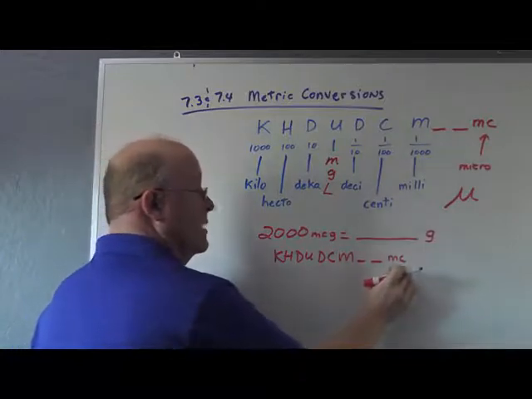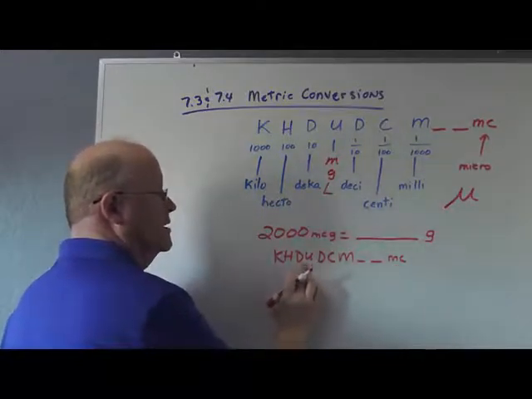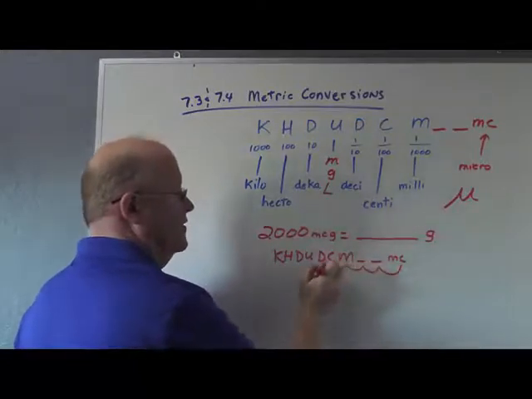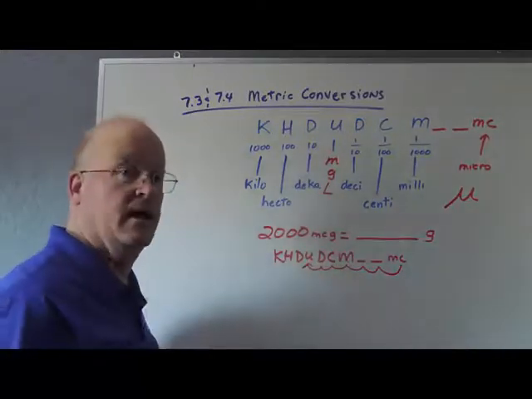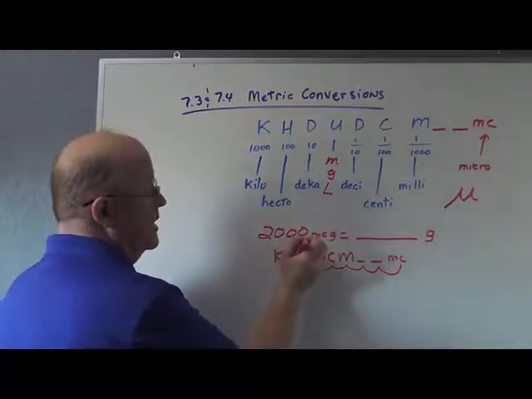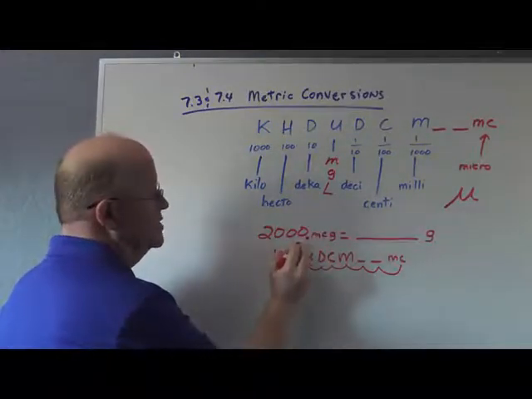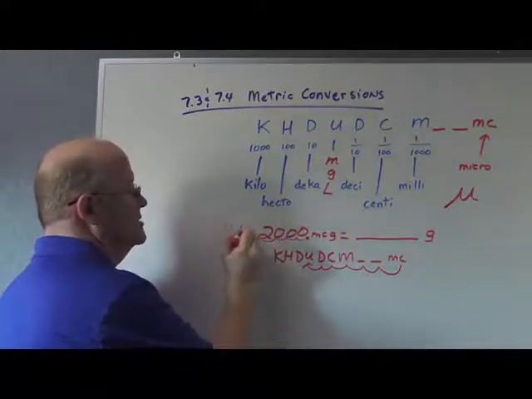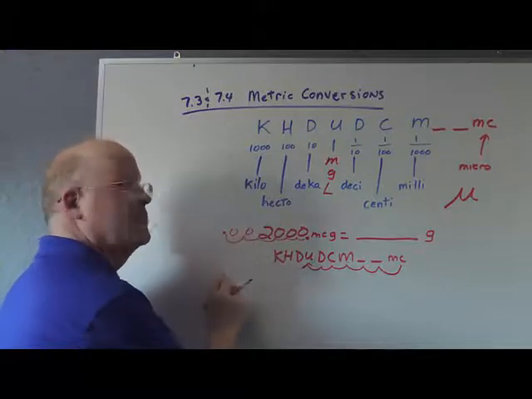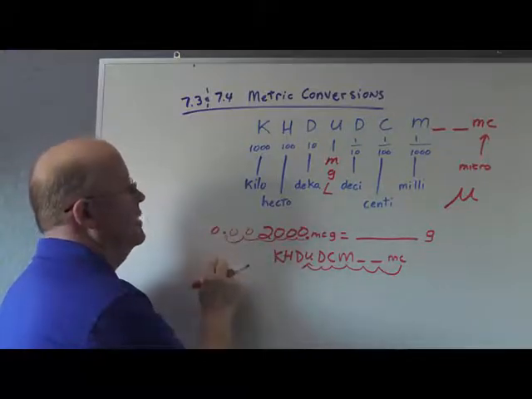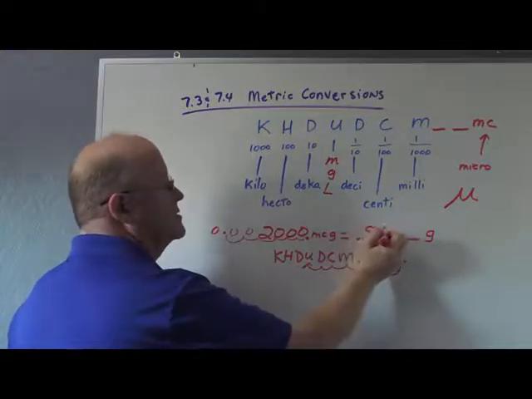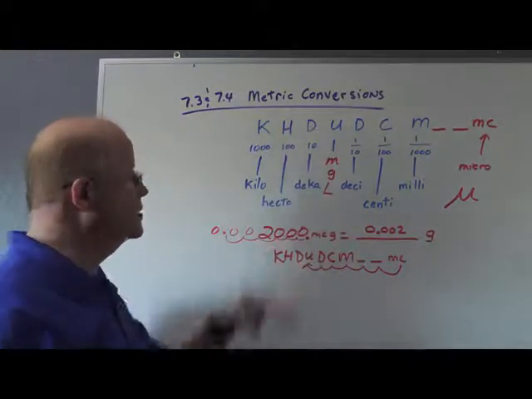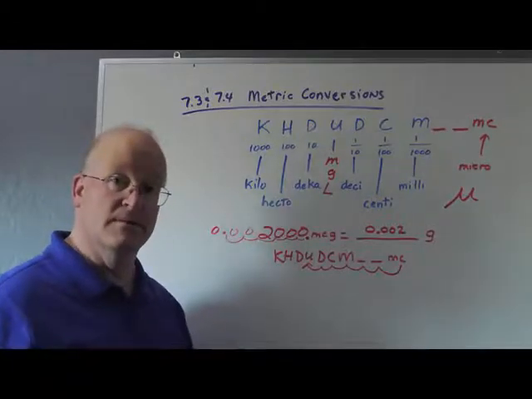Since we are going from micro all the way over to the regular grams unit position, we would move our decimal 1, 2, 3, 4, 5, 6 places to the left. Now, our decimal is normally after the 2,000 in this case, so 1, 2, 3, 4, 5, 6, 2 more places to the left, needing those placeholder zeros there and a leading 0 out front. So we would have 0.002 grams as being equivalent to 2,000 micrograms.